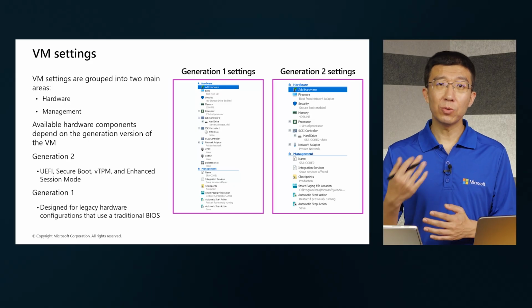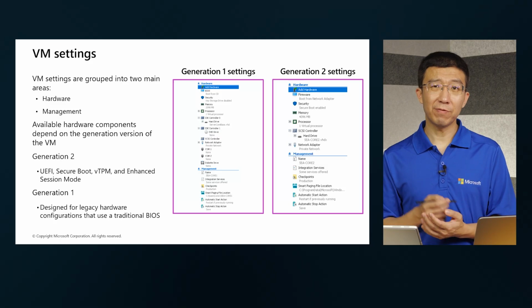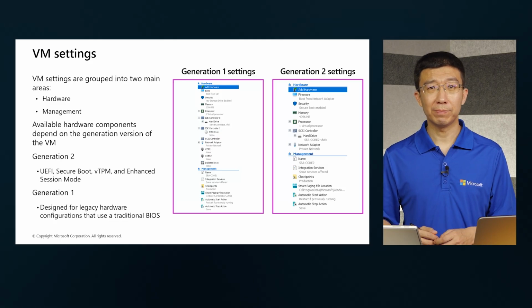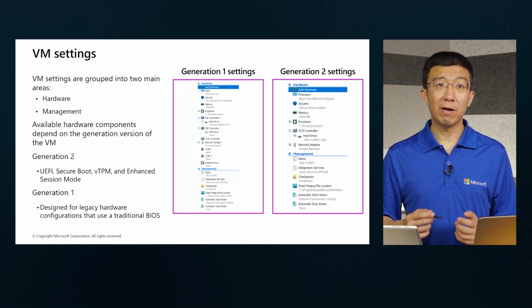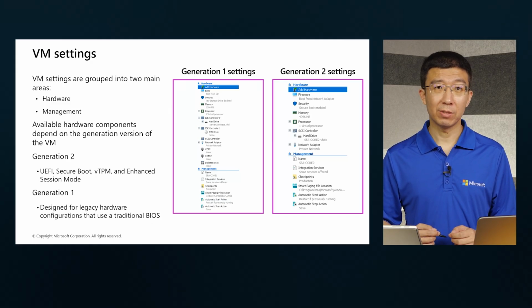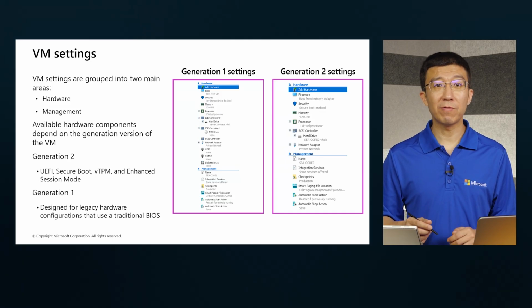When creating a new VM, consider which generation and settings best fit your workload's requirements. Remember, Generation 1 VMs are for legacy BIOS setups, while Generation 2 VMs are for modern, secure environments.